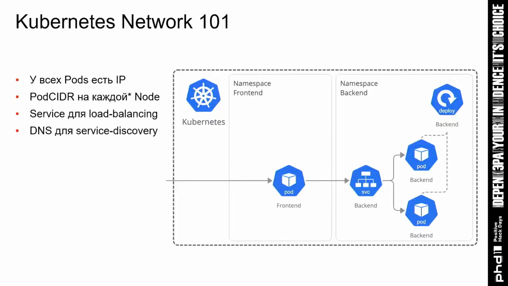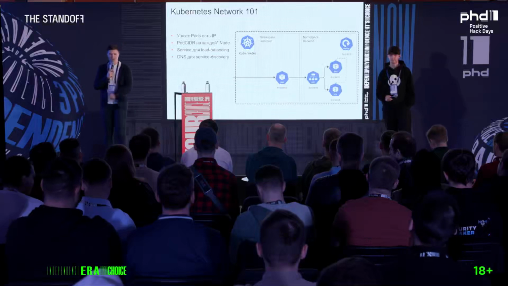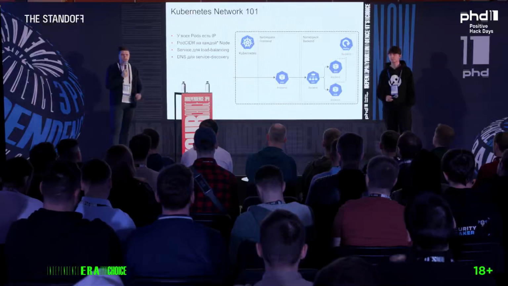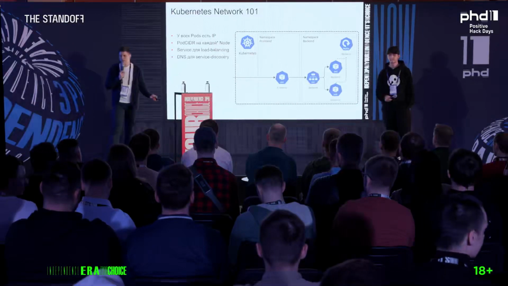Your service starts, then it goes from one node to another, and this IP goes to a different microservice. So at one point in time, this IP belongs to one service. In the next second, it goes to a different service. So an IP address is not something that you wish to follow in Kubernetes in terms of threat hunting or researching incidents, because it pretty much goes from one service to another.